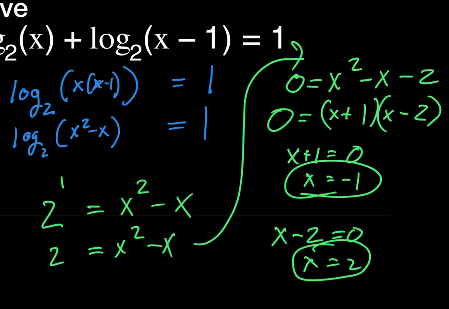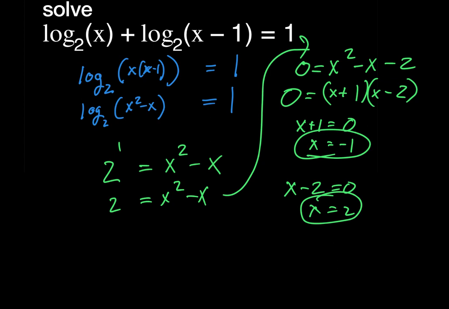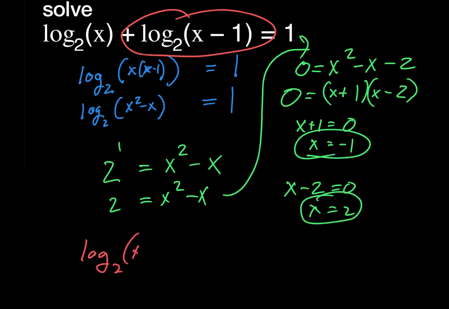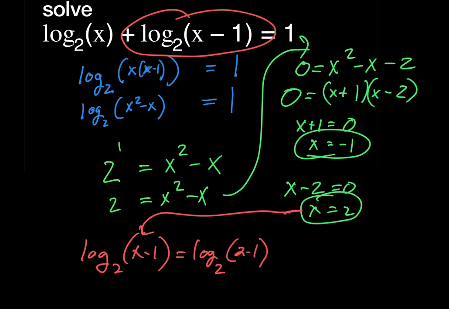I'm just going to take this one. Log base 2 of x minus 1. I'm going to put this number into it for x. So this will be log base 2 of 2 minus 1, which is log base 2 of 1.